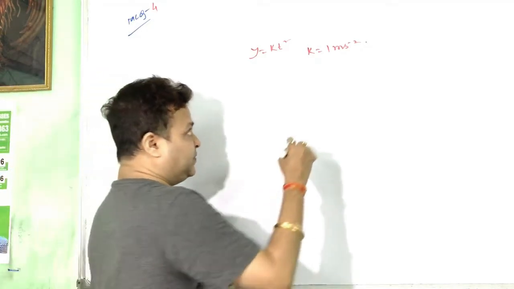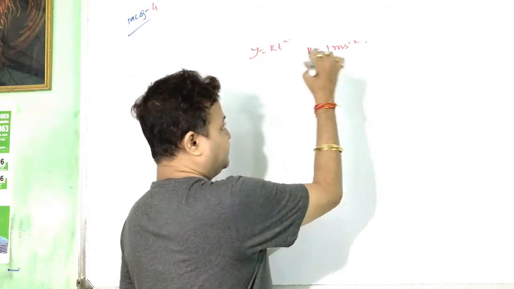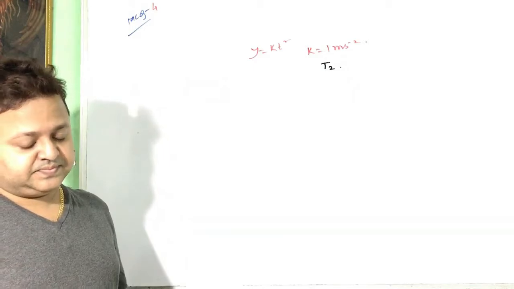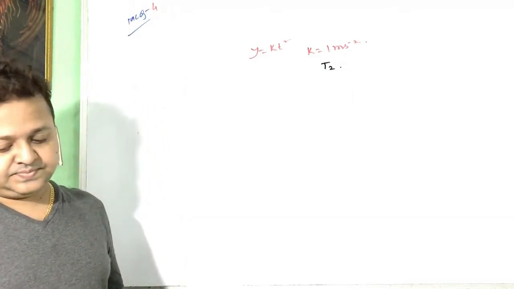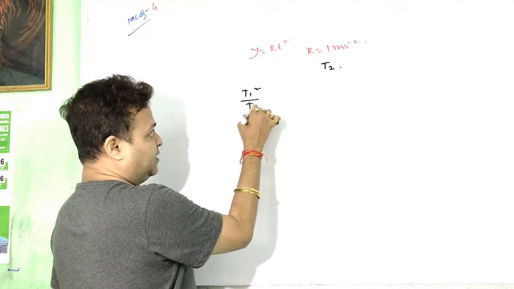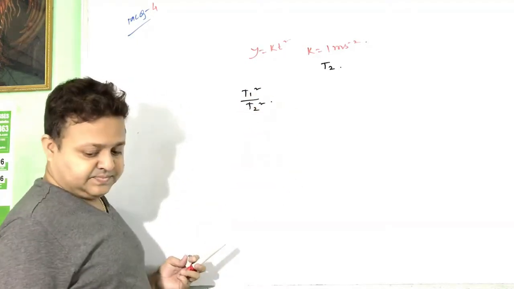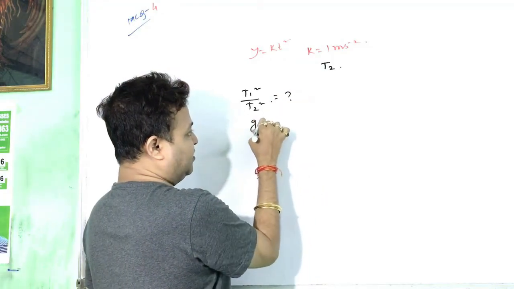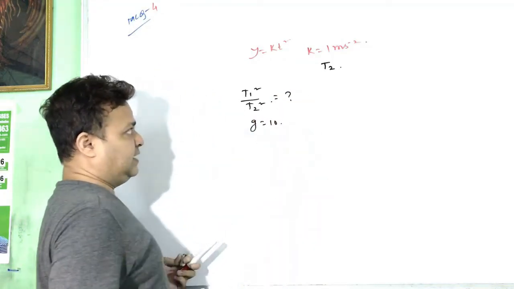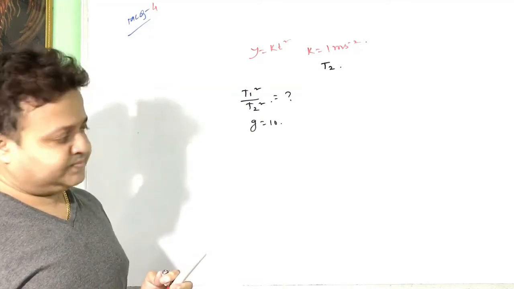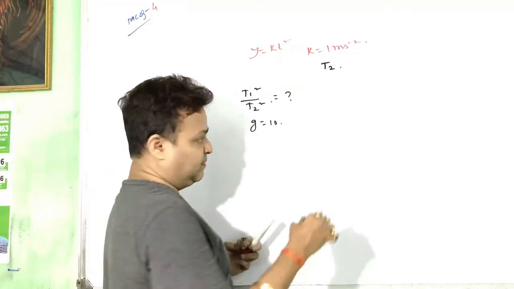And now the time period becomes capital T2. Then T1 square by T2 square is equal to, take G equal to 10.